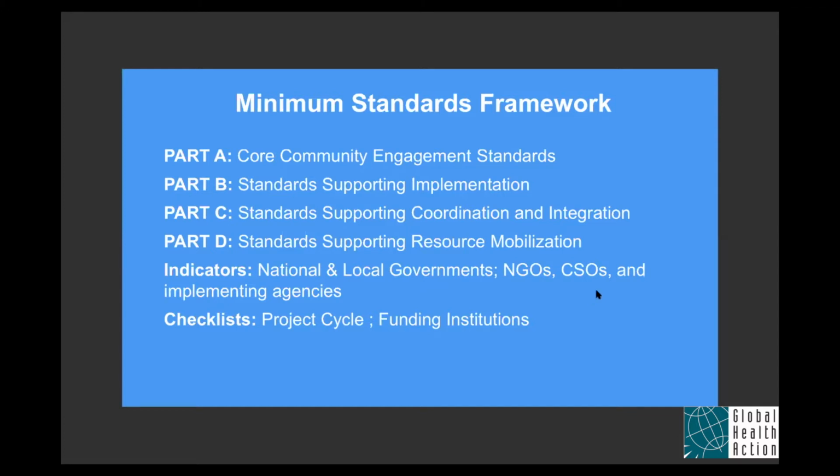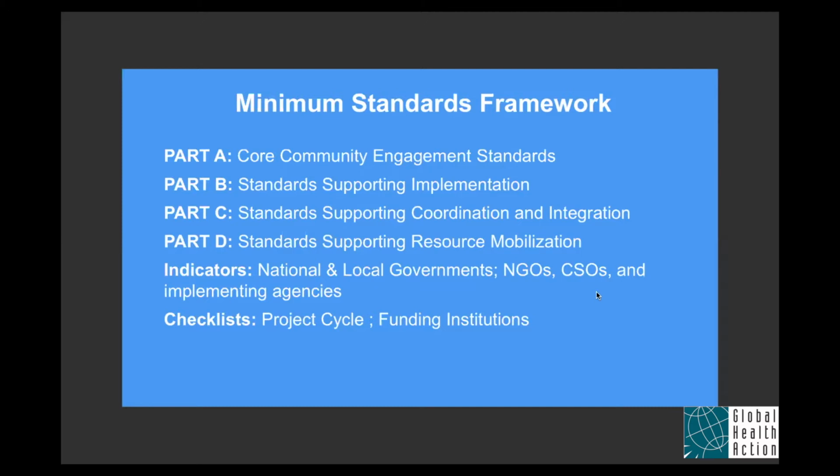One of the things we wanted to do out of this process was to begin to develop certain tools. A specific tool prioritized through our consultation process was a project cycle checklist. That mainly addresses that when a program or project is being developed at a community level, it can be adapted even for community level development of community engagement interventions.